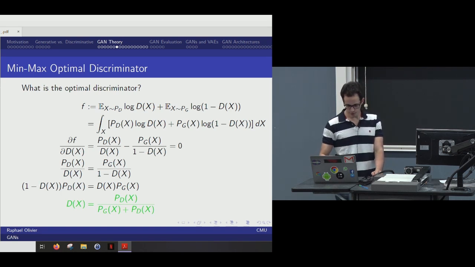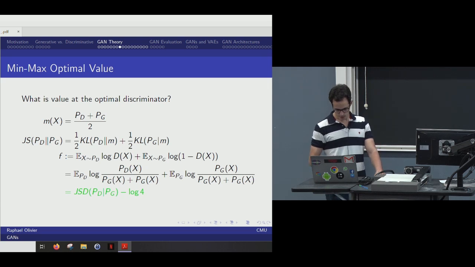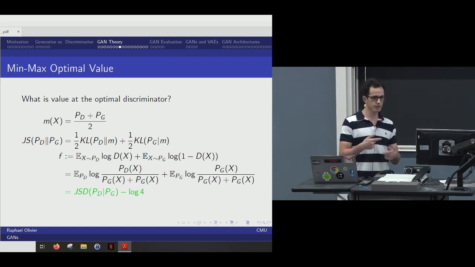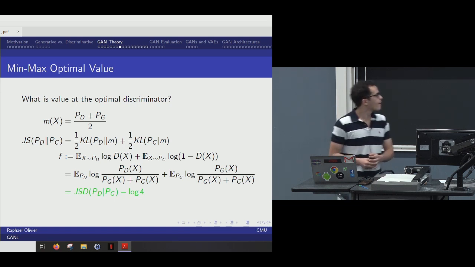So now if you plug that expression into the original objective, you're going to see that the objective we were looking for was actually some sort of divergence between the real distribution and the fake distribution, plus or minus a constant. That divergence is called the Jensen-Shannon divergence. It's based around KL, but slightly different so that it's symmetric.